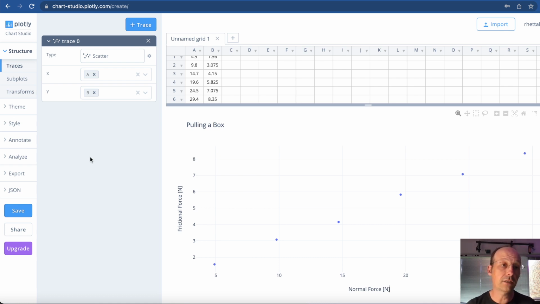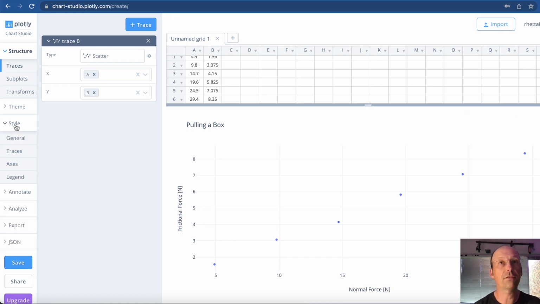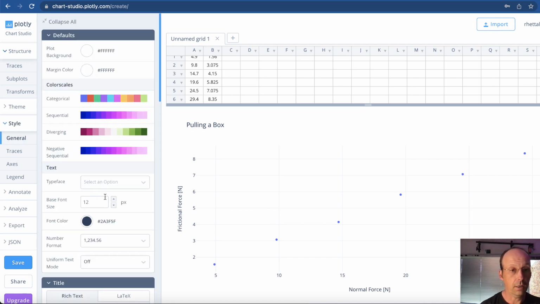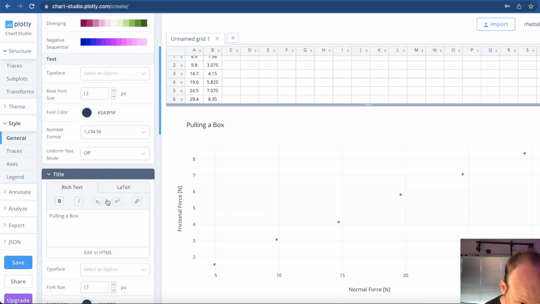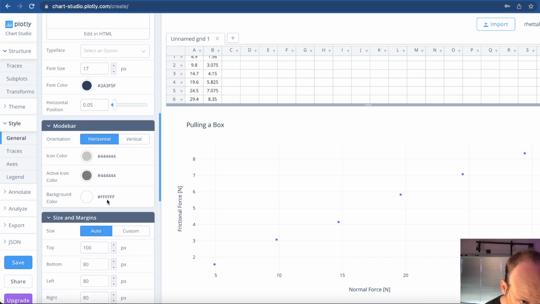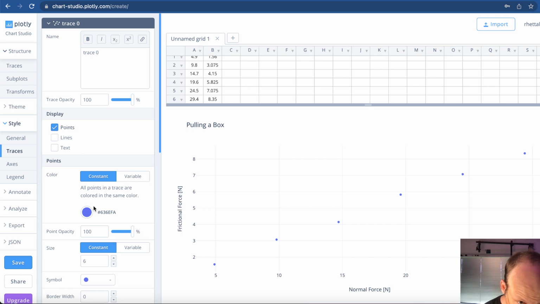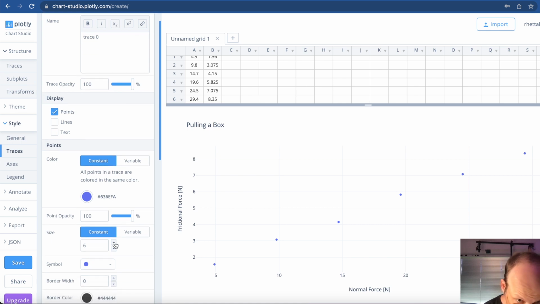And then I can change the size and all that. If I want to make those dots a little bit bigger because they don't look super big, I can go to General, Traces, Point size. It's at 6. See, I can make them bigger. I like that.